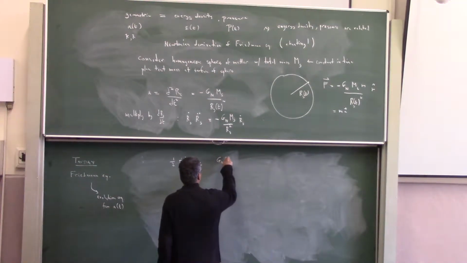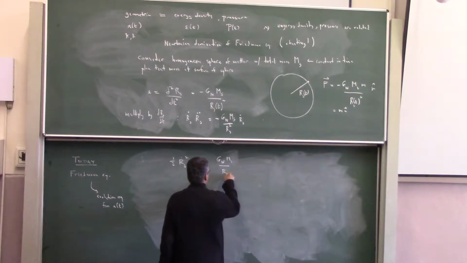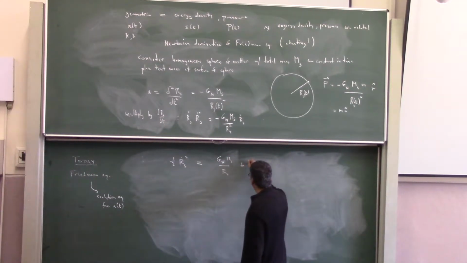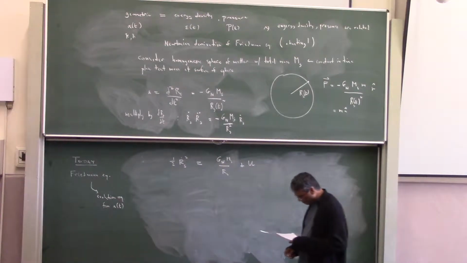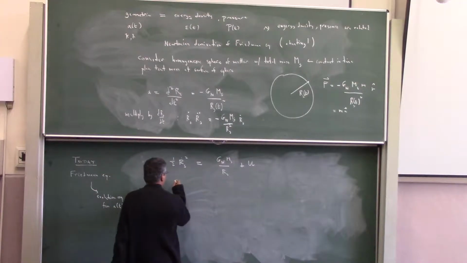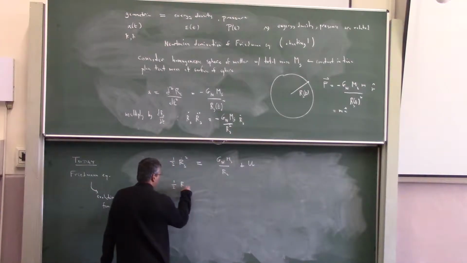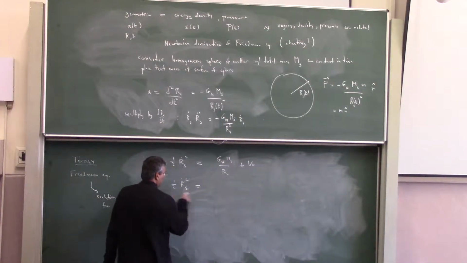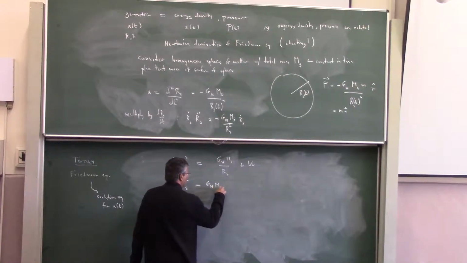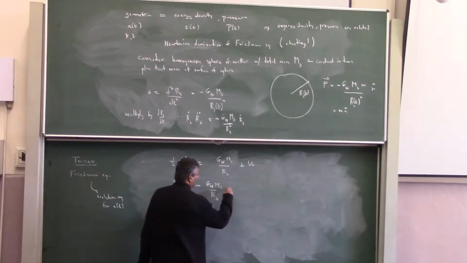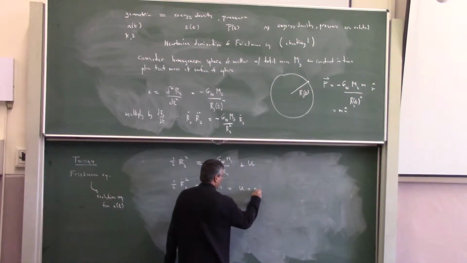So it's G Newton, M_s, over r_s. And then there's an integration constant. Okay, so this tells us 1/2 r_s dot squared minus G Newton M_s over r_s equals U, which is constant.